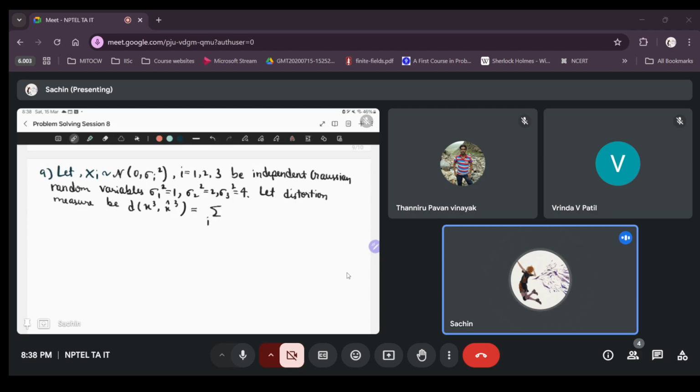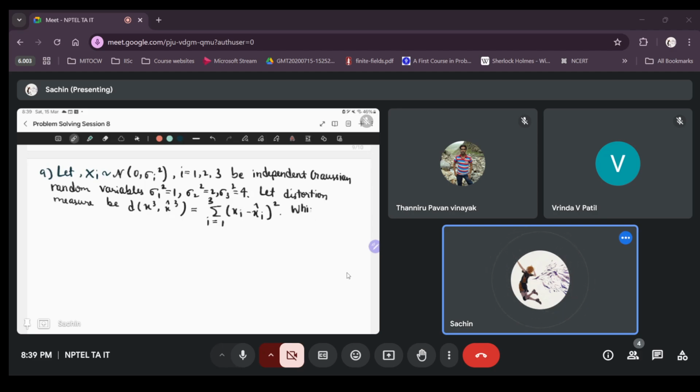It's not x cube, it's vector x to the power n, a three-dimensional vector, which is the sum over i is equal to 1 to 3 of xi minus xi hat whole square. So it's again the squared error, but the sum of the squared errors.